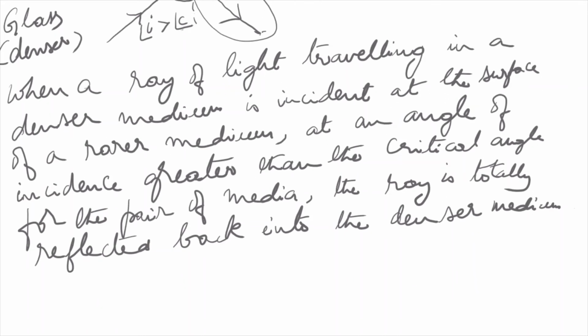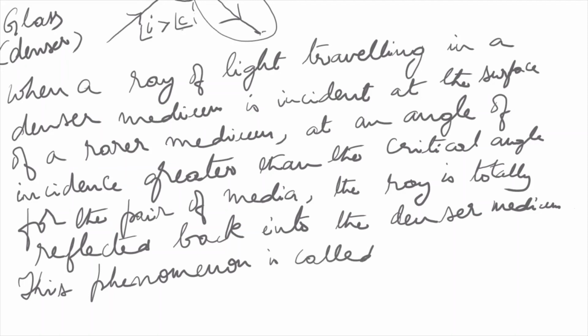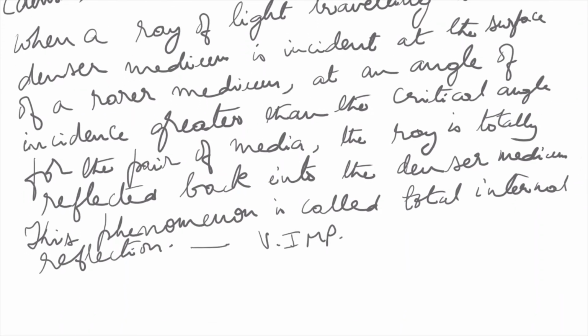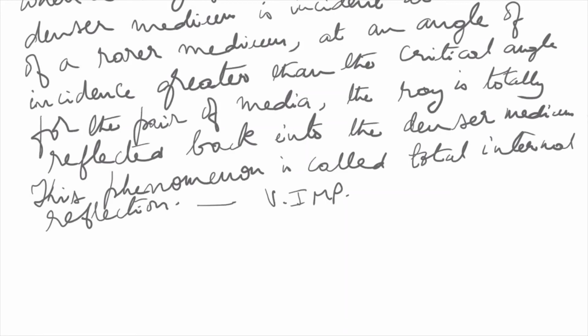Okay, this phenomenon is called total internal reflection. Okay, children, I told you these two phenomena, critical angle and total internal reflection, are very, very important from the point of view of examination. Okay, now I'll show you some more diagrams related to critical angle and total internal reflection, so that it will be more clear to you.